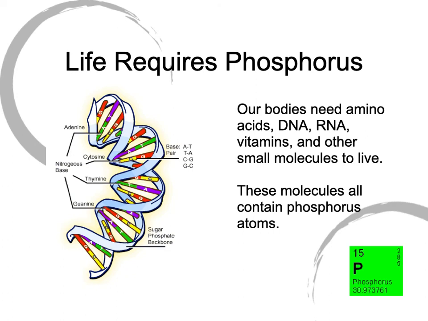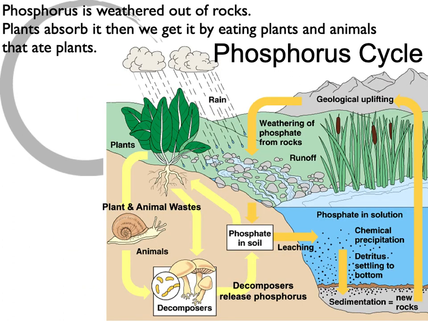Let's look at where phosphorus comes from. So the phosphorus cycle is unique in the sense that it's the only cycle that depends entirely, for the most part, on rocks. How about that? You've got to have rocks to have phosphorus, because the phosphorus is locked up inside of the rocks on land.